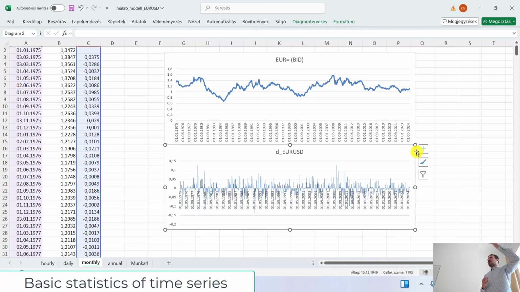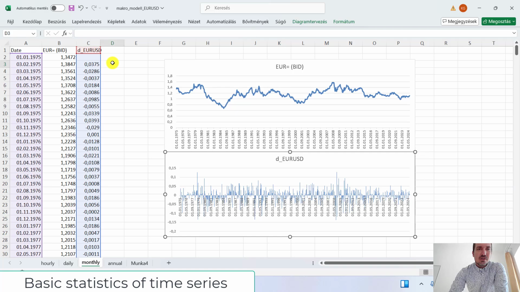But for example, the Hungarian forint can be anywhere between 260 and 440. So to scale everybody down to the same level, this is why people are using logarithmic changes. Except in the case when you are analyzing interest rates, which can be negative, and in the case of interest rates you cannot use logarithmic changes because negative numbers cannot have logarithms. So that's out of the question.